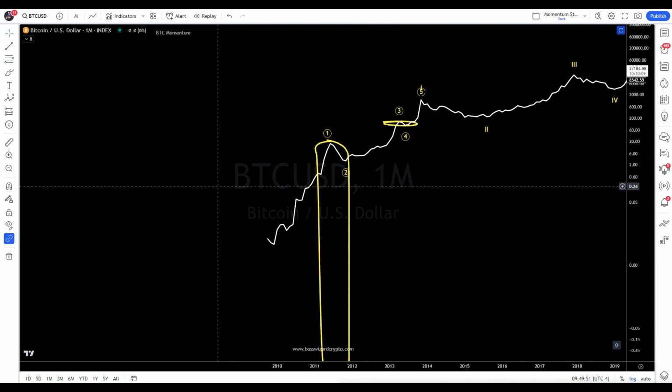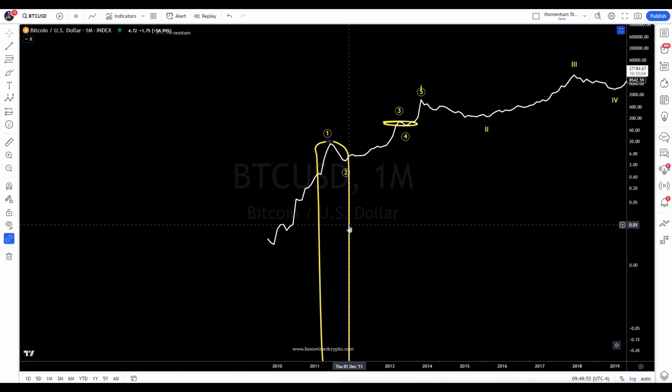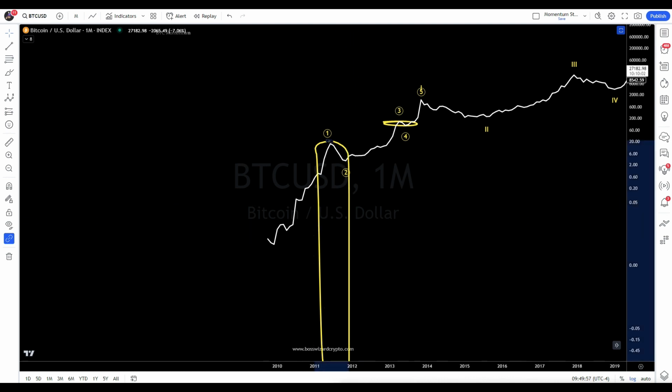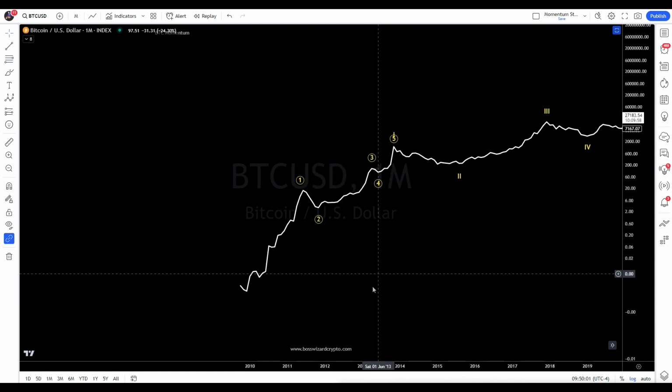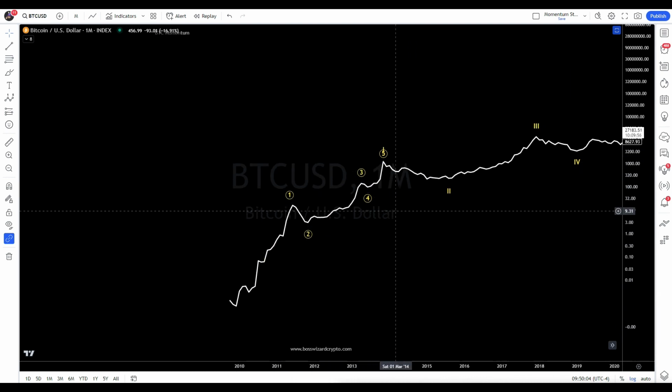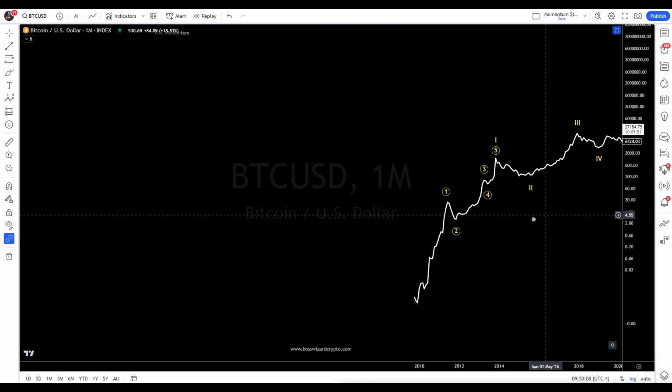So much bigger percentage-wise here. Regardless, that's why I have that labeled. I don't think anybody can convince me otherwise that that's not the impulse that we're looking for here.